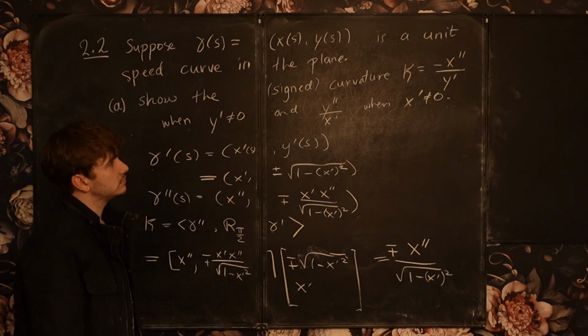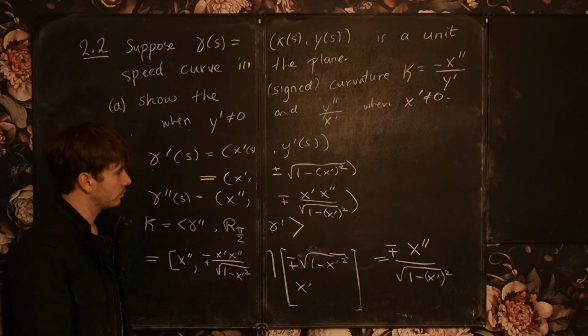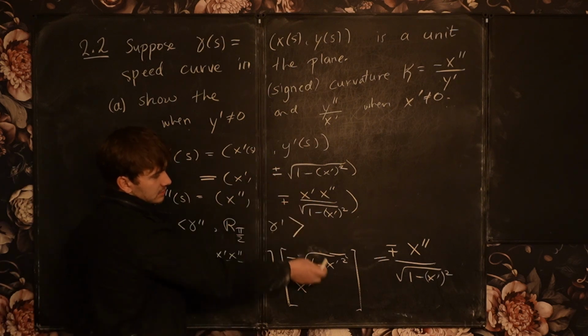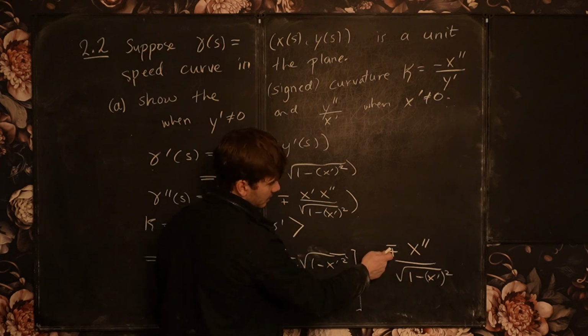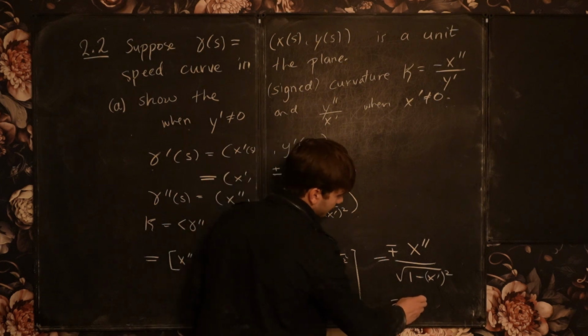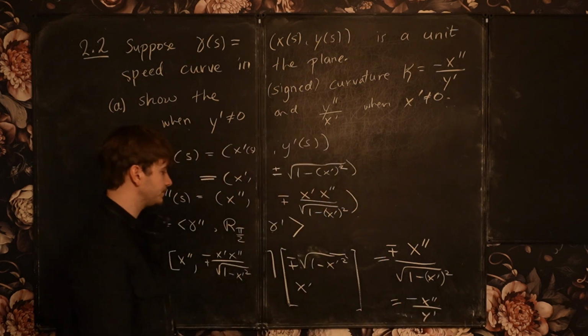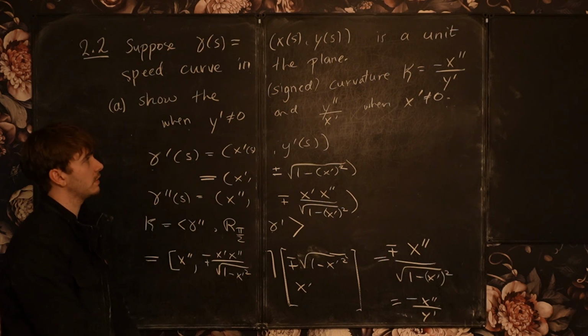Okay, and then this is only well defined when y prime is non-zero. In the case that y prime is non-zero, we recognize that y prime is plus or minus this expression, so bringing the minus plus downstairs, we can just identify this as negative x double prime over y prime, assuming that y prime is non-zero.